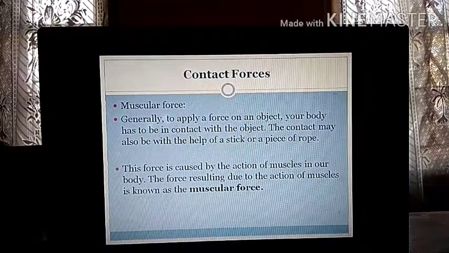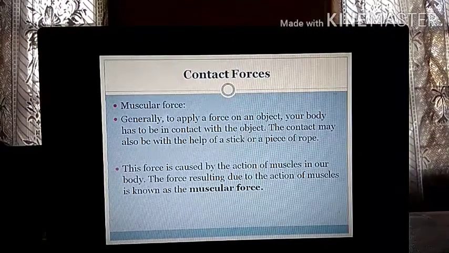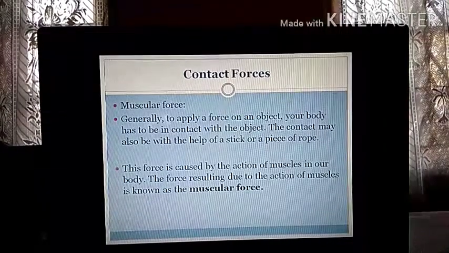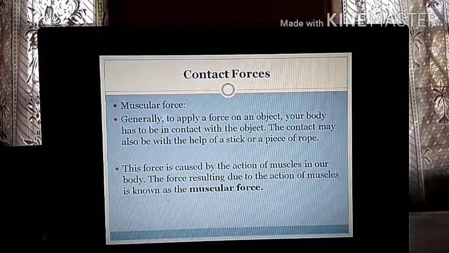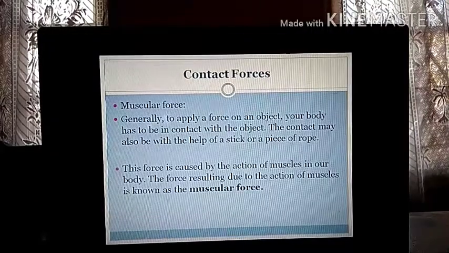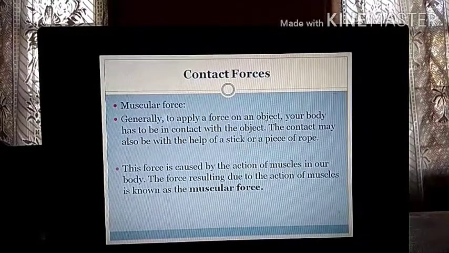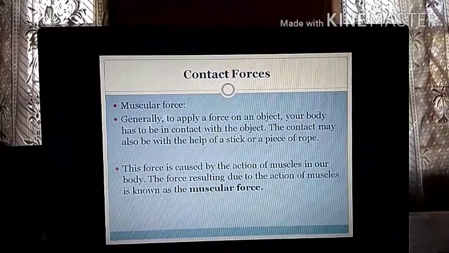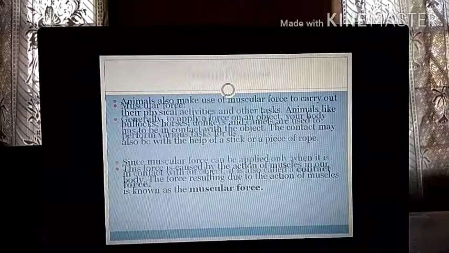If you apply your full strength and hit the ball with the bat in cricket, then only your ball will go for a 6 or for 4 runs, isn't it? That means you have to spend your muscular energy, then only some change will happen to the object. So this particular force is called muscular force.